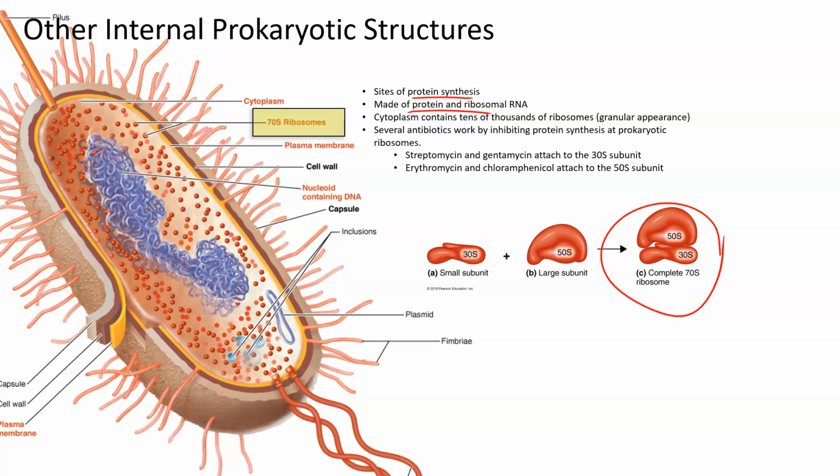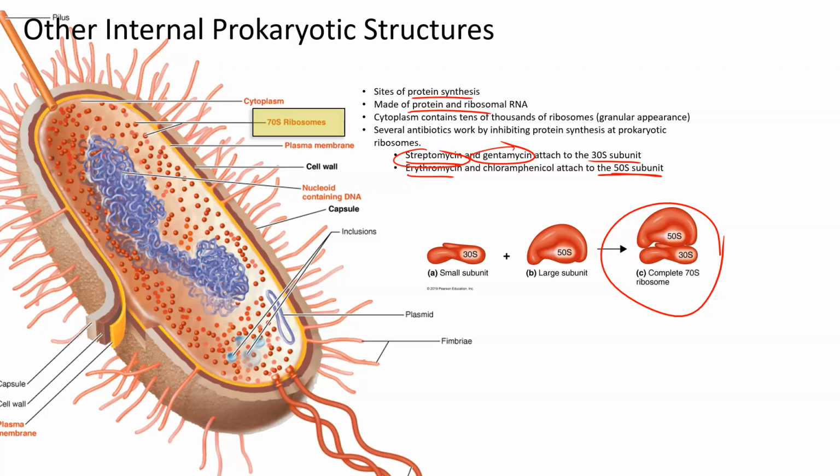Some of the antibiotics that we use are going to be specific in targeting prokaryotic 70S ribosomes. Streptomycin and gentamicin are antibiotics that will specifically attach themselves to the 30S small subunit, and erythromycin is a specific antibiotic that will attach itself to the 50S subunit.